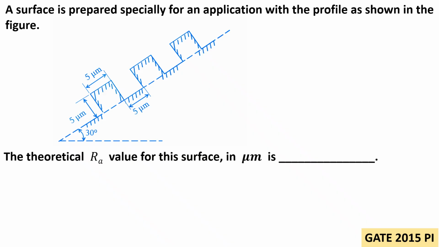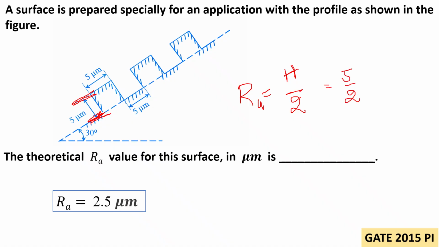We know that the Ra value for the rectangular profile is Ra equal to H by 2, where the capital H is the peak to valley height. Here the peak to valley height is given as 5. So Ra value is 5 by 2, which is equal to 2.5 microns. So the answer is 2.5.